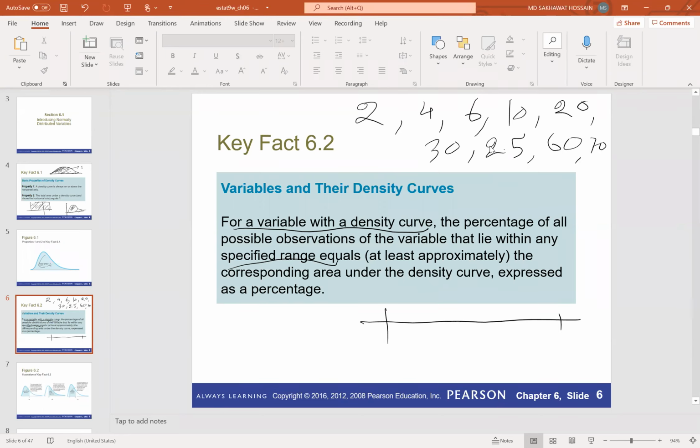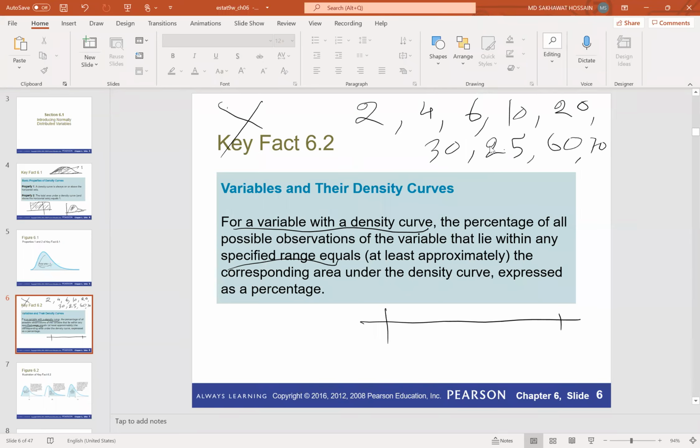If this is our data set, and if x is our random variable, and if we can construct a density curve for this random variable, then the percentage of all possible observations of the variable that lie within any specified range.